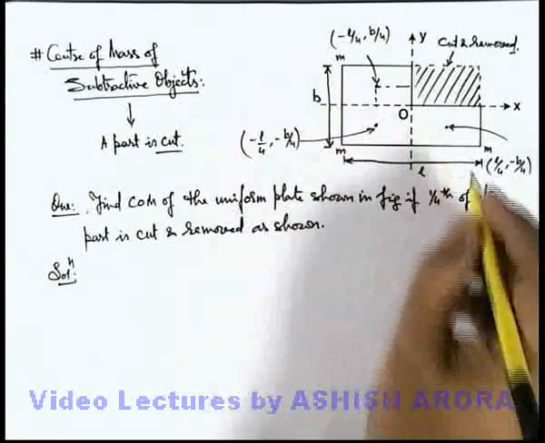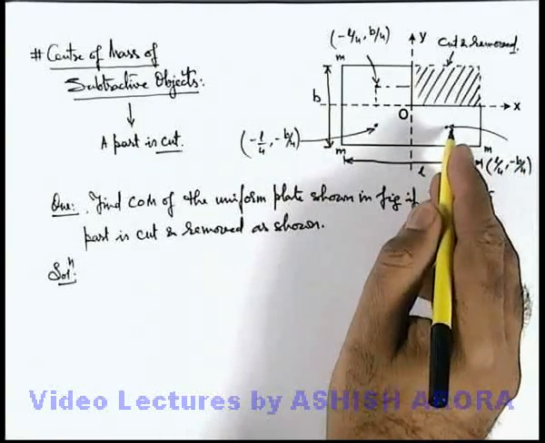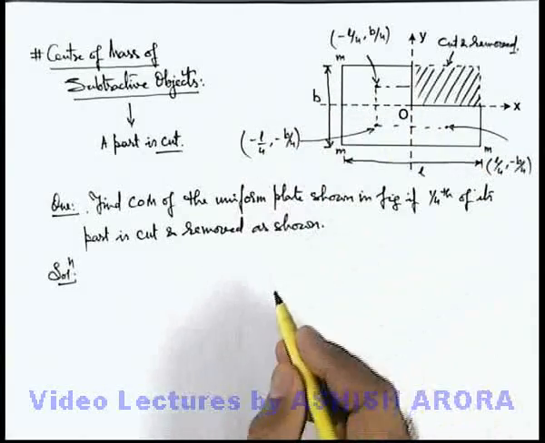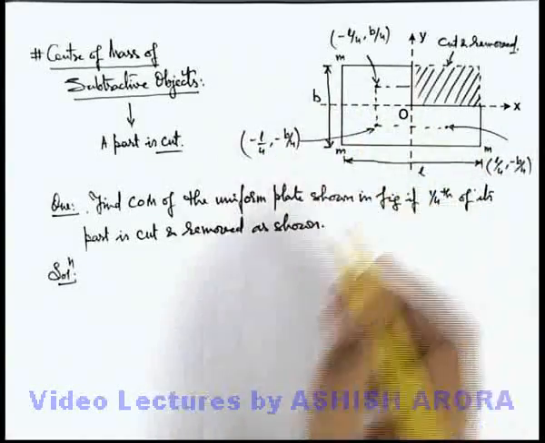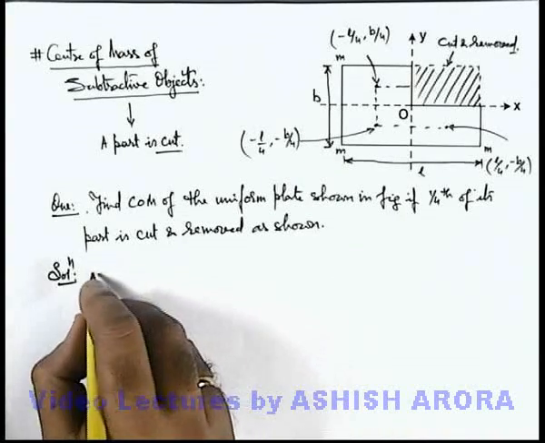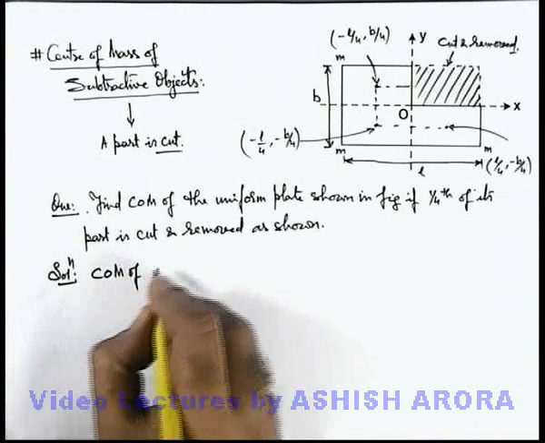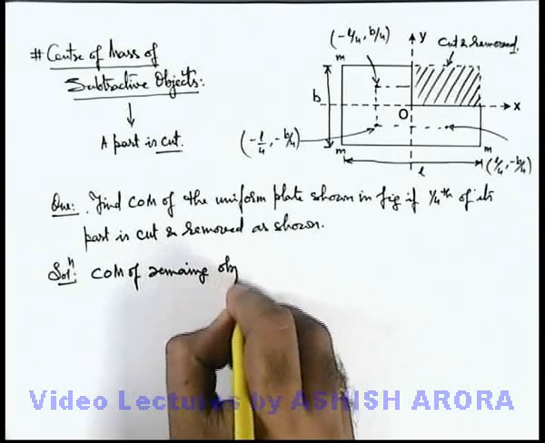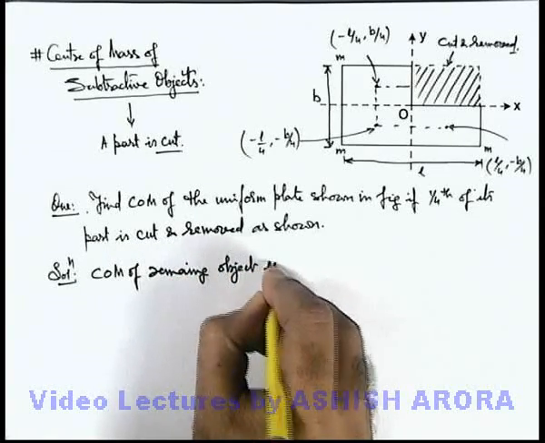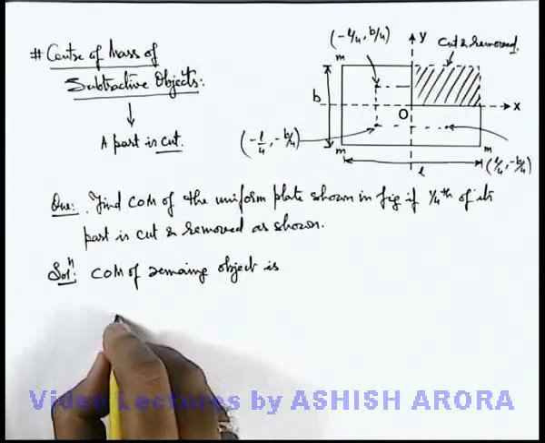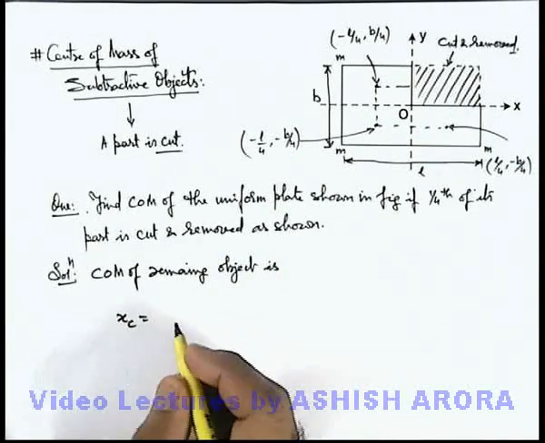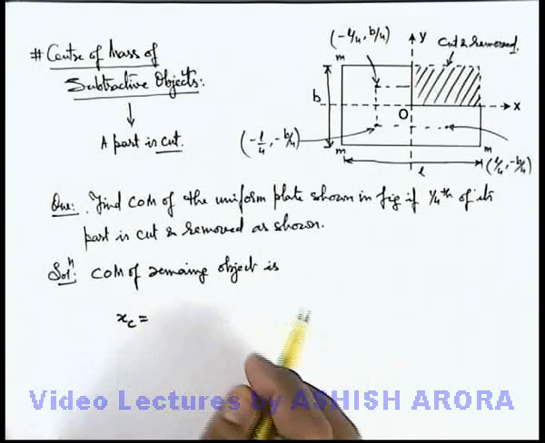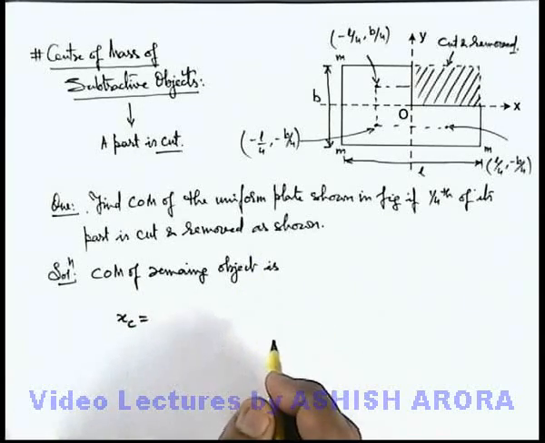Now we know their center of masses, then we can directly find out the combined center of mass of these three sections, which is the center of mass of the object given to us. So here we can write center of mass of a remaining object, that is after removal of 1/4 section, we can write xc. We know x coordinate of center of mass of a system can be written as m1 x1 plus m2 x2 and so on by summation of masses.